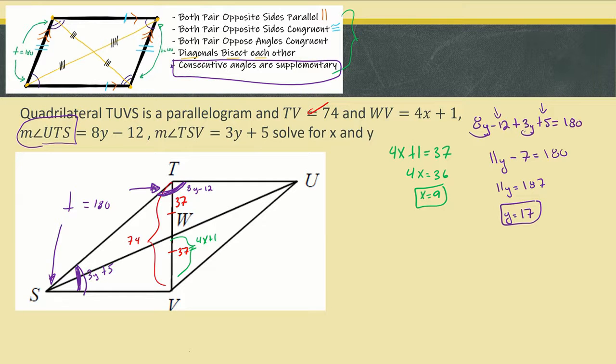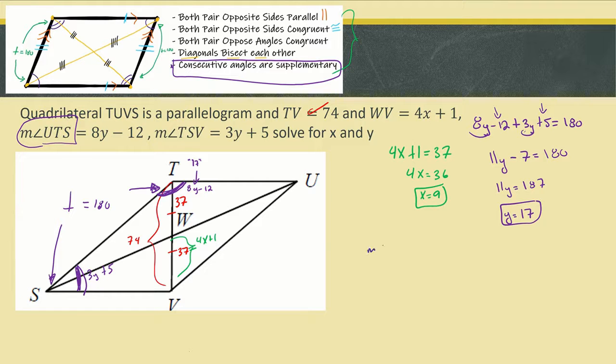y to be 17. And so now if I wanted to find the measurement of either angle, or actually both angles, we simply plug in or substitute 17 in for both of these y's. And so we have 8 times 17, which is 136, minus 12 gives us an angle measurement.